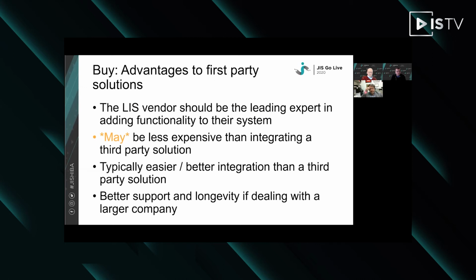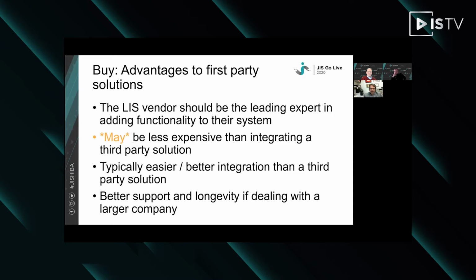Here are some of the advantages when you're looking to buy from a first party, or your LIS vendor. We would all hope that our LIS vendor is going to be the leading expert in adding functionality to their own system. Sometimes, if you are ever frustrated with your vendor, you may doubt this considerably, but we certainly would hope that. Because it's their own product, there may be less expense because there's less of a complex integration.